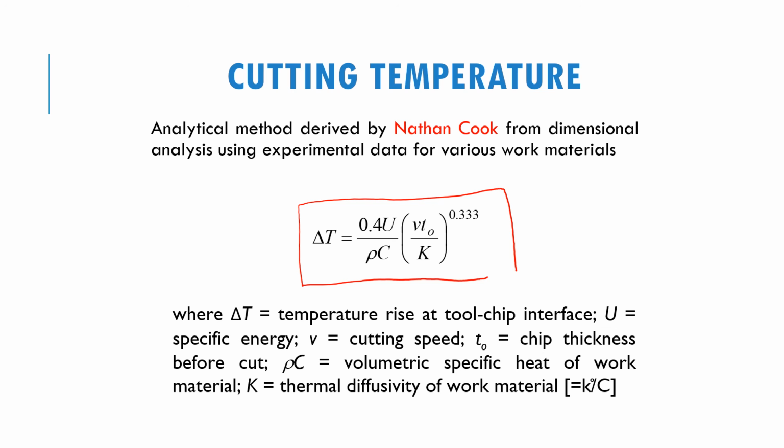U is the specific energy of the material, and V is the cutting speed. T naught is the chip thickness. Then there is the constant volumetric specific heat of the work material, and K is the thermal diffusivity of the work material. These two values are usually given, or you can check them from the table given.